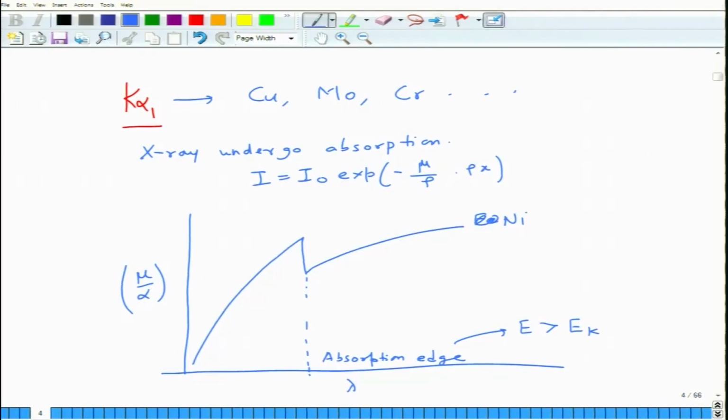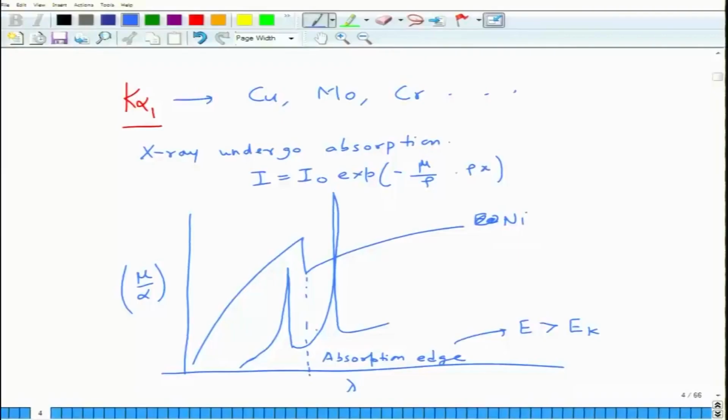So, for example, in case of copper, the K beta radiation is somewhere here and K alpha is somewhere here. It turns out that if you want to use K alpha predominantly, you let the X-rays pass through a nickel filter, because nickel has a K absorption edge.